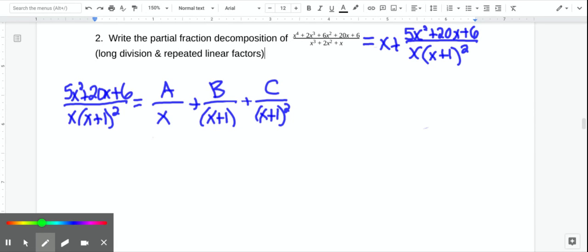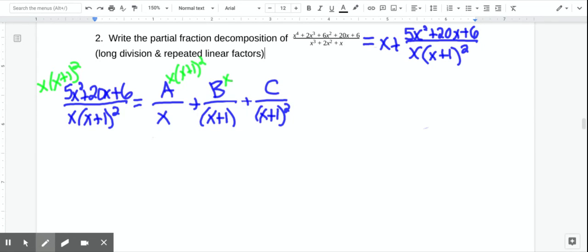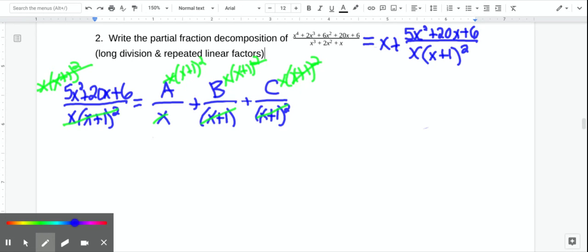The process is going to go very similar from here on out. We're going to multiply everything by x plus 1 squared. So I'm doing that to all 3 terms here. And then we're going to cancel out what we can. One of those goes away. Okay, and I'm very carefully going to write what's left over.